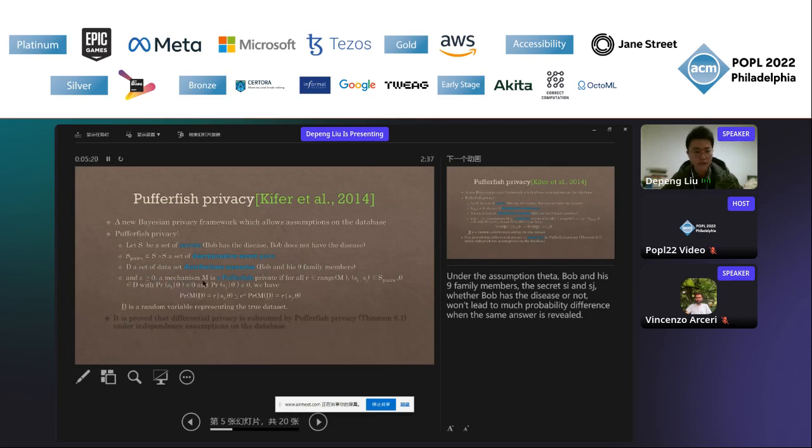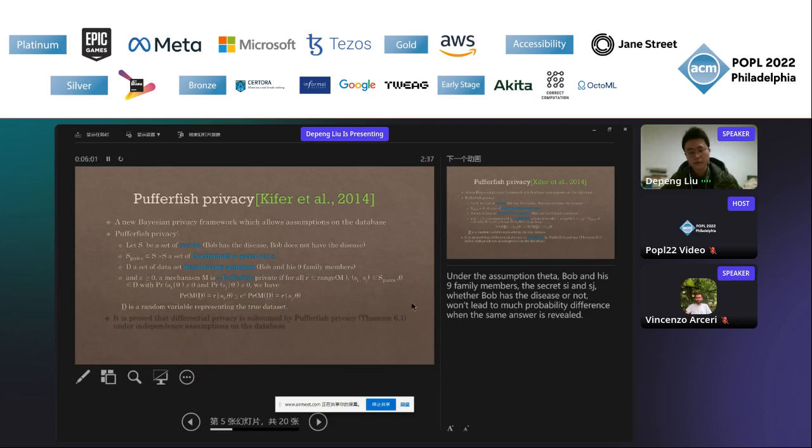We say that a mechanism M is epsilon pufferfish private if for all the outputs R in the range of M, for all the secret pairs Si and Sj, and all the distribution scenarios theta, the following equation holds, which means that the probability of getting R under the secret Si and the assumption theta is no more than e to the epsilon times the probability of getting R under the secret Sj and the assumption theta.